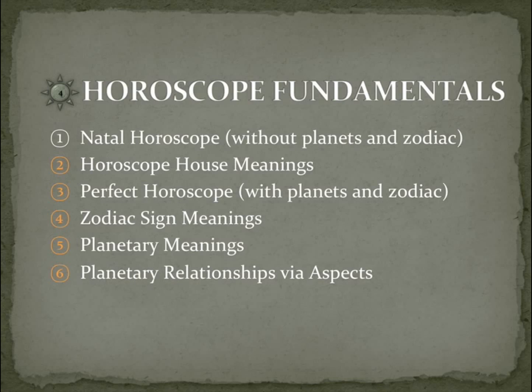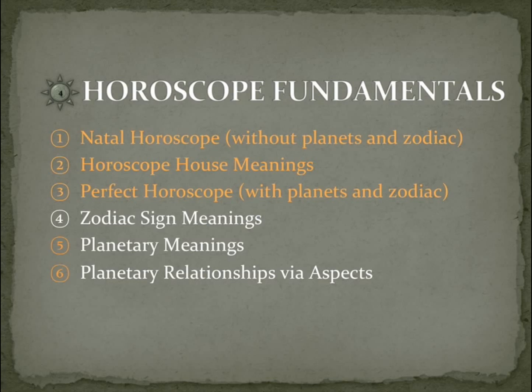First, I'll show you a natal chart without planets and zodiac signs included. This will allow me to explain the basic framework of a chart. Second, I will add the 12 house meanings to the chart and explain them in detail. Third, I'll add the 10 planets and 12 zodiac signs to what I call a perfect horoscope and explain them in detail as well.